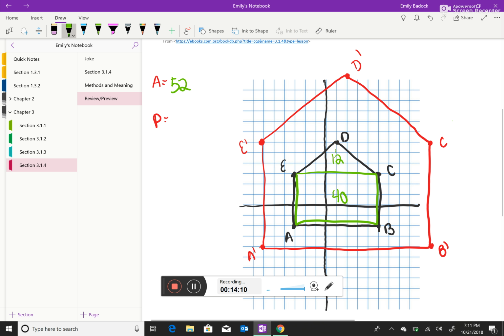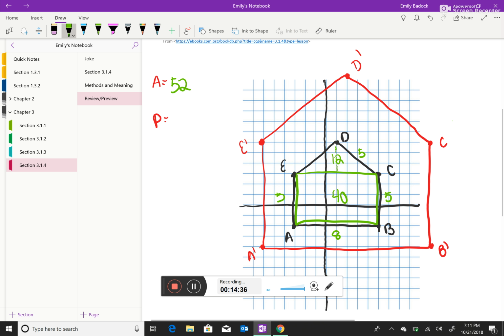And then for my perimeter, I've got 5, 8, 5. And then up here, what you can do is the Pythagorean theorem. You can break that in half and figure out one of these lengths, and you know it has to be that same length. So I've got 3, 4, 5 triangles. So I know this is 5 based on patterns, something I'm going to show you guys later on.